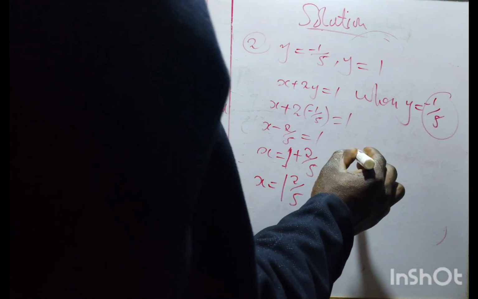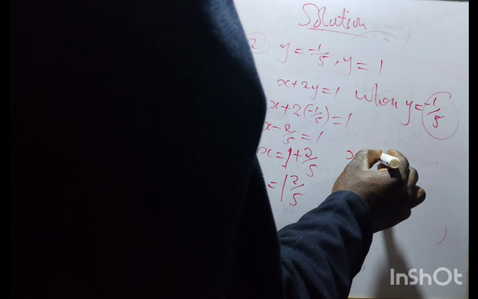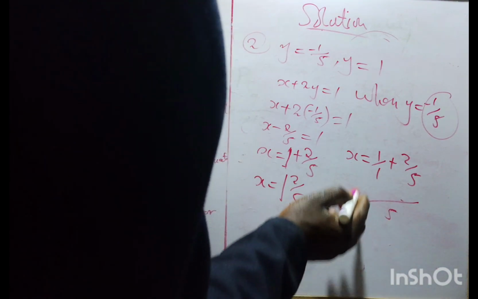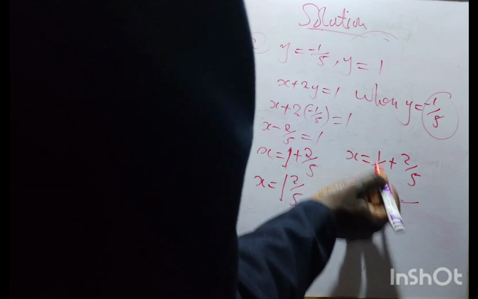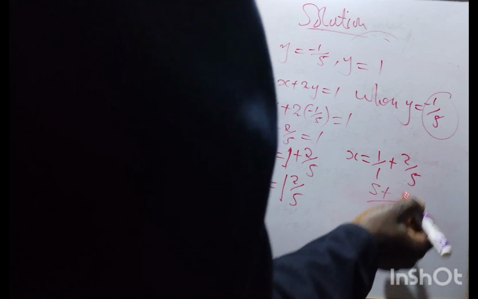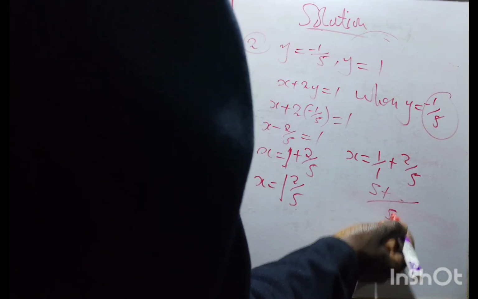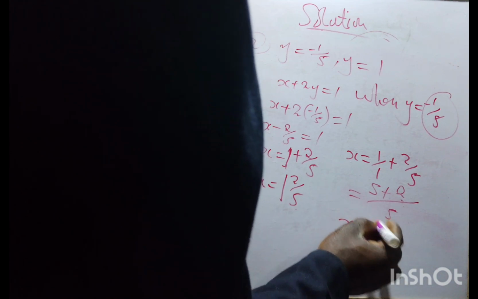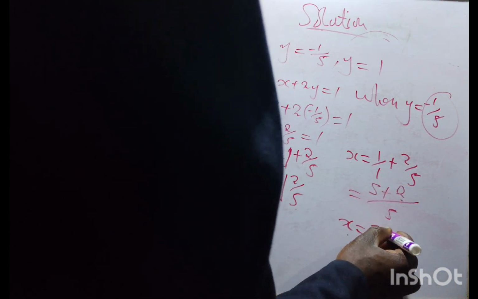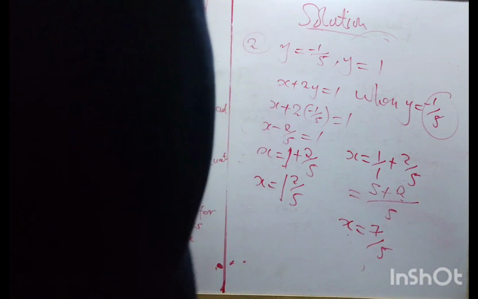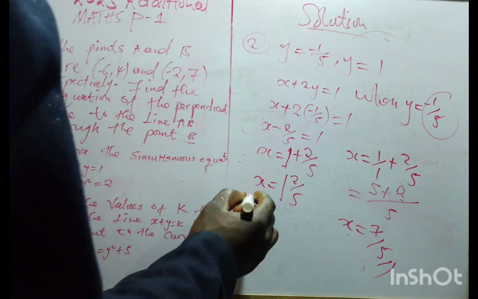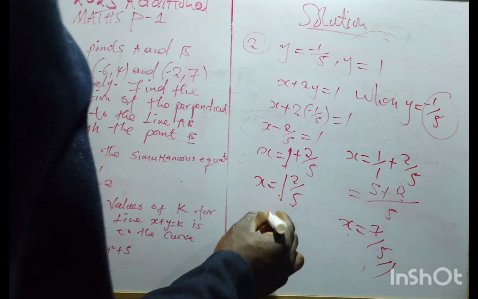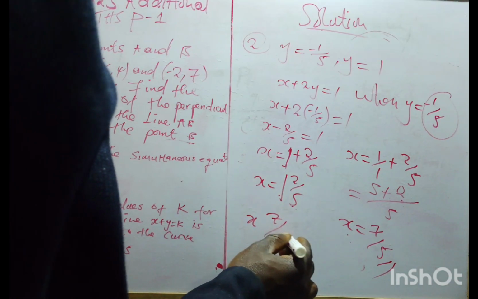Or if you want, you can say x equals 1 over 1, then plus 2 over 5, common denominator which is 5, then 1 times 5 which is 5, and 1 times 2 which is 2, in which x will be equal to 5 plus 2 which is 7 over 5. Okay, this is the value of x.